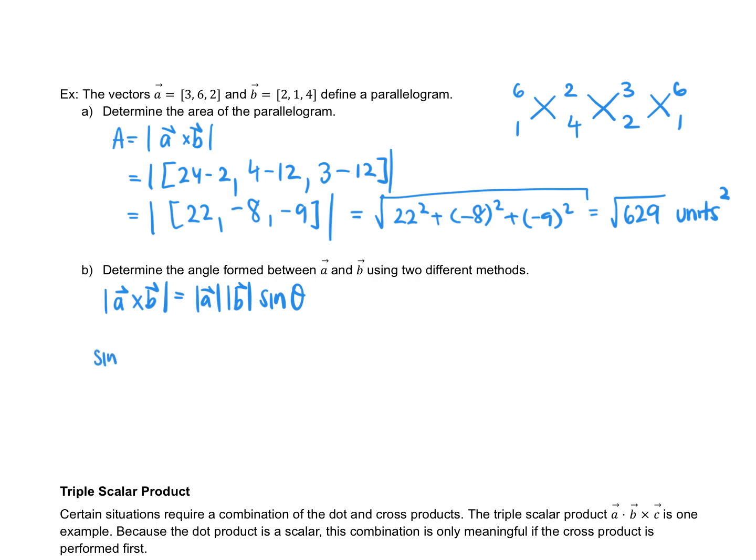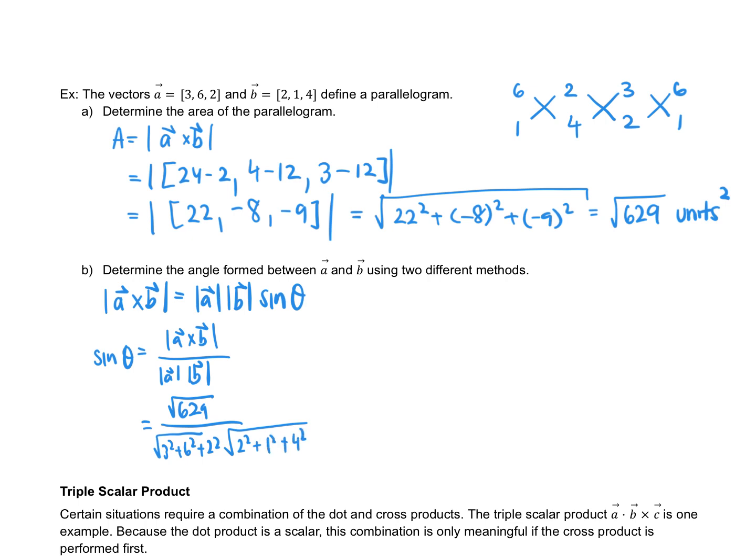So sine theta would equal the magnitude of the cross product divided by the individual magnitudes. Well, we already did the cross product magnitude. It was root 629. And now the individual magnitudes will be, for A, 3 squared plus 6 squared plus 2 squared, and for B, 2 squared plus 1 squared plus 4 squared.